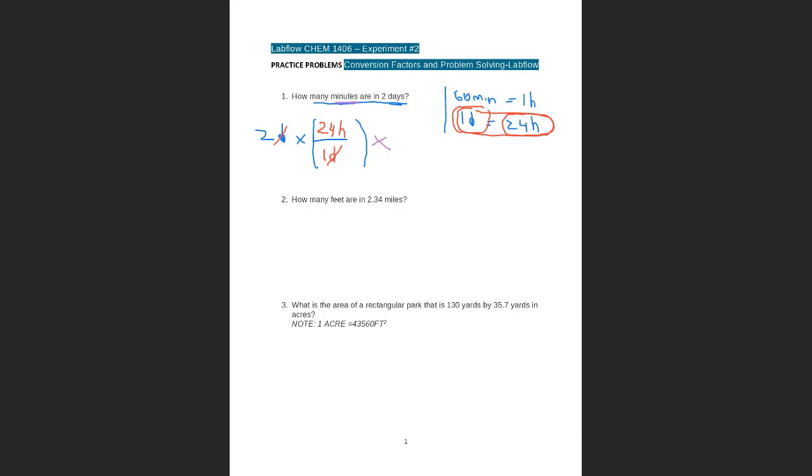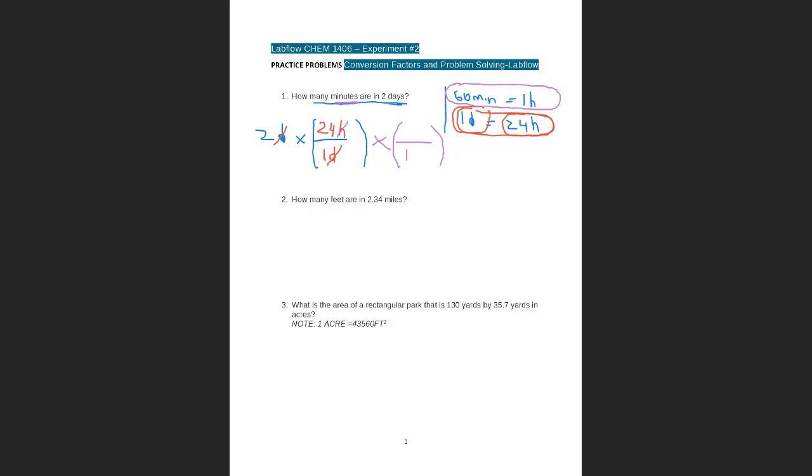So I need another conversion factor. I need to cancel hours and I want minutes up. So I look at my other equality. What is that I have to write down? I look at hours. I want hours to cancel.